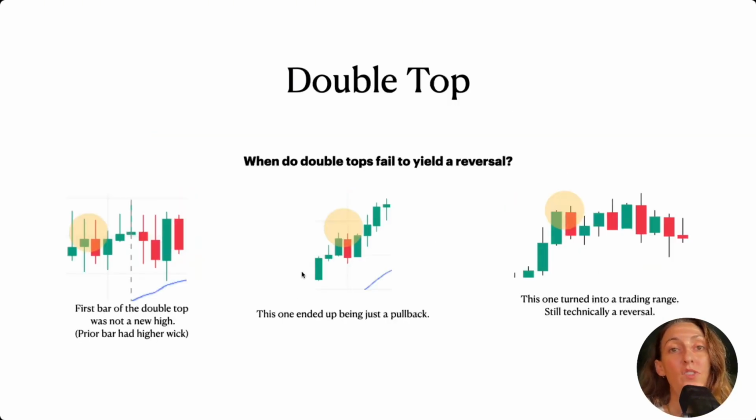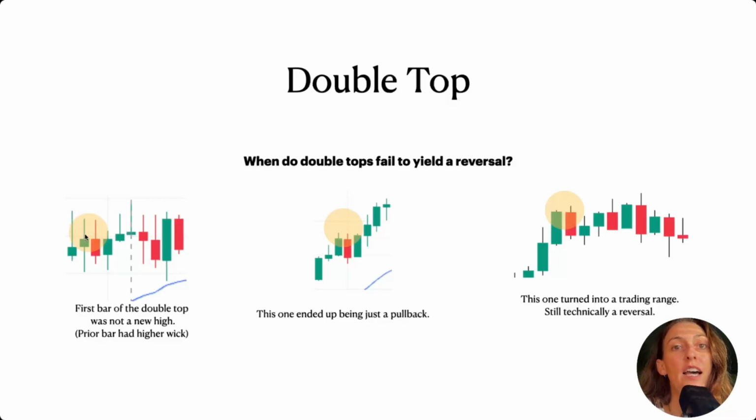So, when do these fail? Sometimes something could be considered a double top, but it doesn't actually lead to a profitable reversal. So this one, maybe you could have counted this as a double top because these two have equal tops right here. But I want to point out that the bar prior to it actually wicked up higher.